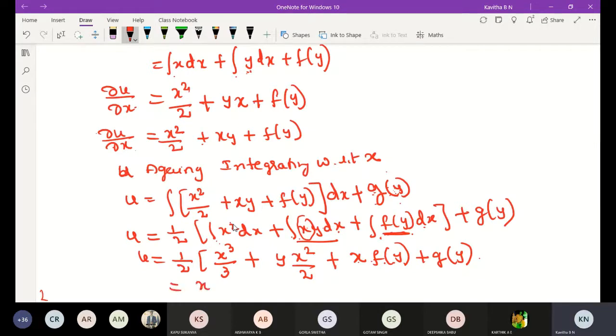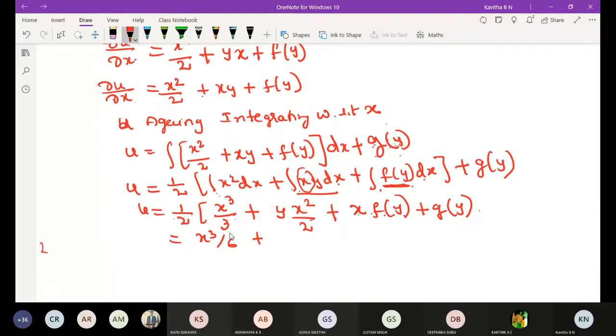Then final: 1/2 times x³/3 is x³/6. Then next, x²y/2 + x f(y) + g(y). This is the required answer.